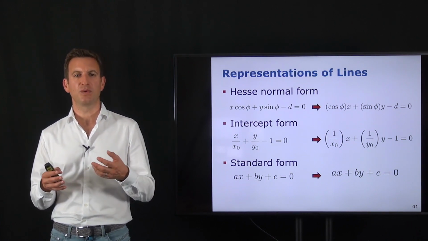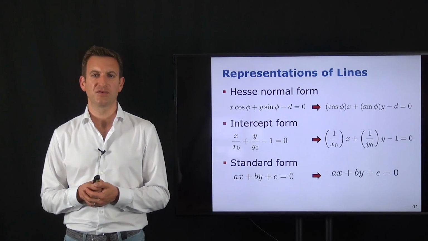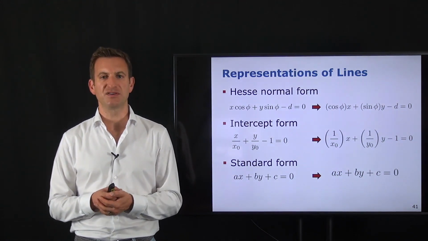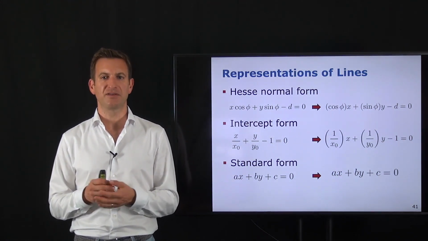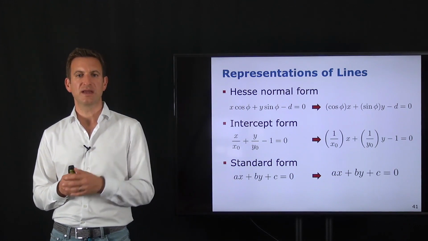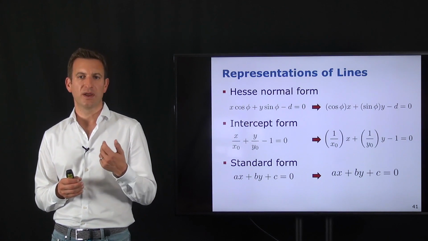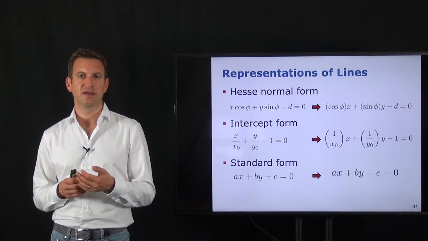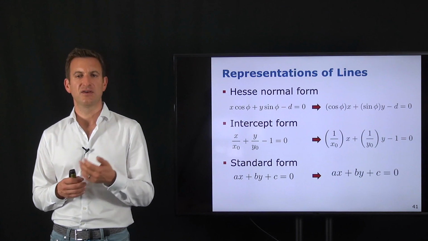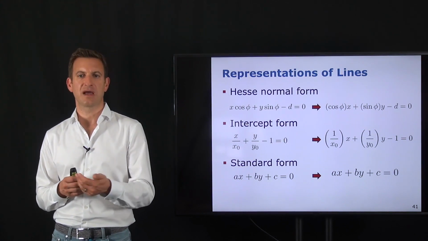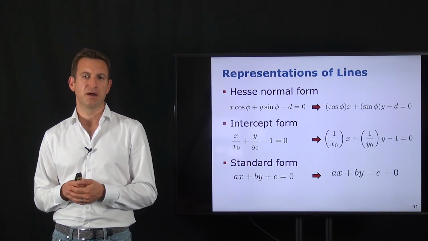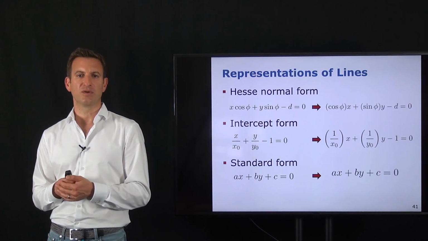And before we do this, we want to rewrite those equations a little bit so that they all have the same form. So we are rearranging these 3 forms such that we always have an equation where the first term is a coefficient times x, the second term is another coefficient times y, and then we have a constant and equals 0.